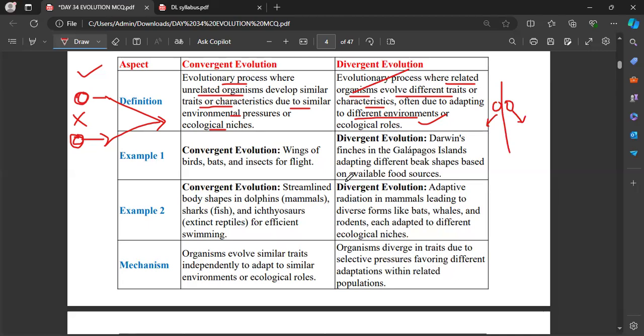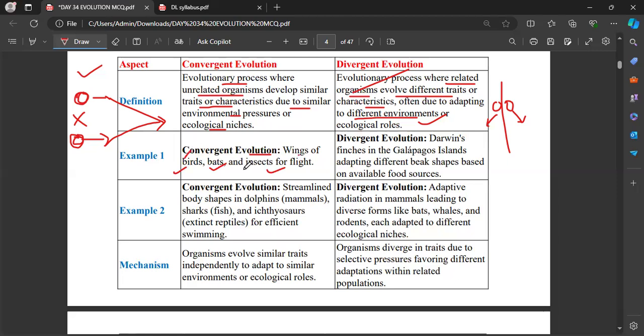Now, the best example, see, when it comes to evolution, non-core data and core data, you have to focus on the examples. It is important because only on those particular examples has a big theory been built up by scientists. Now, for convergent evolution: wings of birds, bats, and insects for flight. See, they are totally different classes.